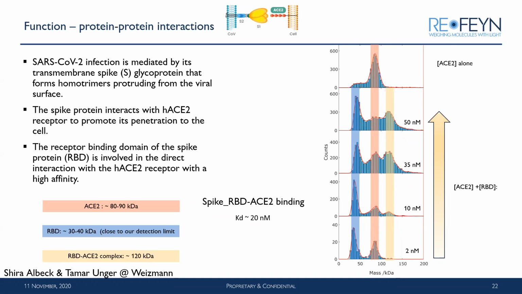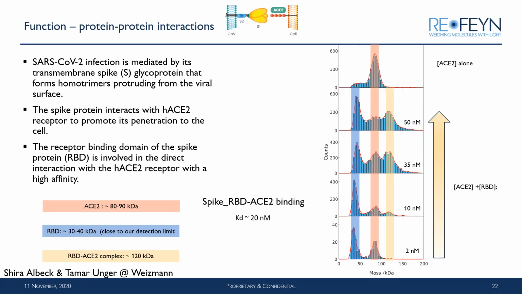The spike protein interacts specifically with ACE2, human ACE2. You can isolate only the receptor binding domain of the spike, which here we termed RBD, and study the strength of the interaction between the RBD and the ACE.